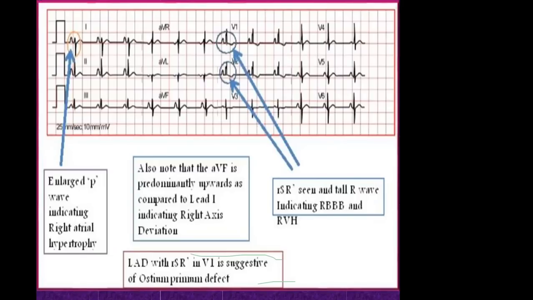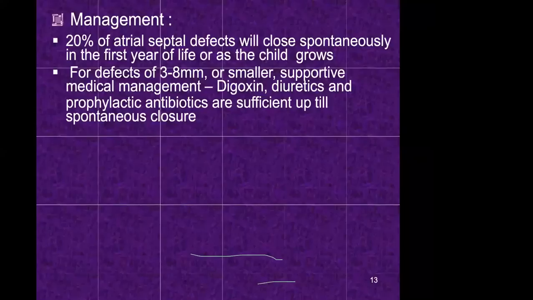Regarding management, most babies' defects close by the end of the first year itself. However, if the hole size is 3 to 8 millimeters, they may need supportive medical management using digoxin, diuretics, and prophylactic antibiotics.